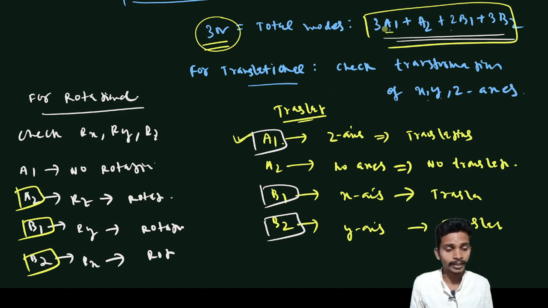If you write 3A1, then the whole thing will cancel and we will not get the vibration. So we write only A1, and if A2 is present, only A2. Here B1 is present, so we will not write 2B1, we will write only B1. Whenever we are doing this for modes, we will not take the coefficient, or stoichiometric value.